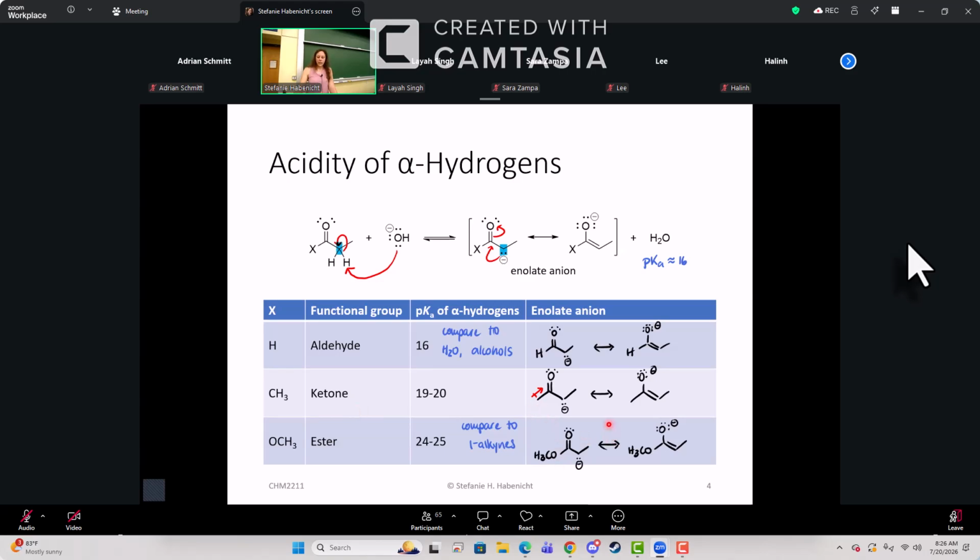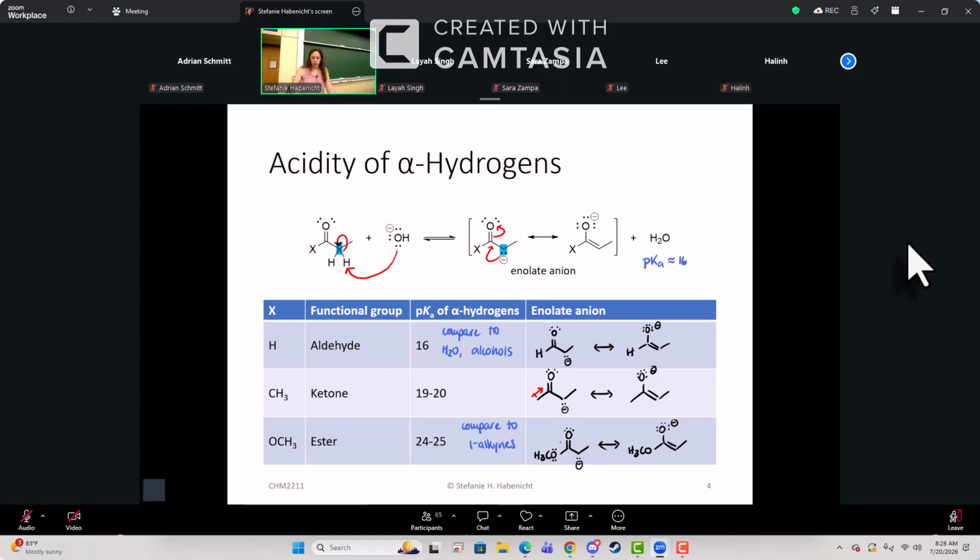So what makes the enolate anion of the ester, again, less stable than that of the ketone and that of the aldehyde? We now know that electron donating groups destabilize anions, including enolate anions. So what does this methoxy group do electronically to destabilize the enolate anion? We know, of course, that this negative charge is delocalized. We can push that into the carbonyl group to generate our second resonance contributor, but this is not the only electron donating group or atom.